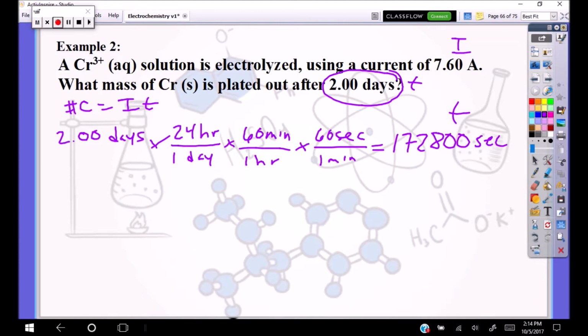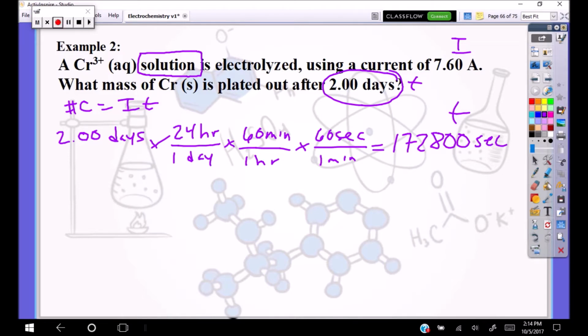Now, it's going to get more complicated, but this is a good start. We need this time. We have a key word here, solution, meaning that this is aqueous. So we need to look at our half reactions first to figure out how many electrons are actually being transferred here.